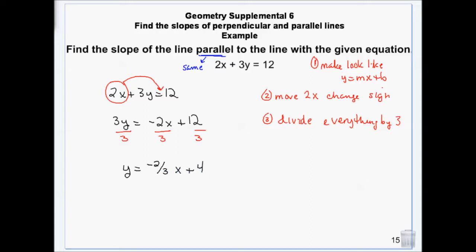Okay. Since I want the parallel slope, this is my slope, right? So m equals -2/3. Well, parallel m will be the same.